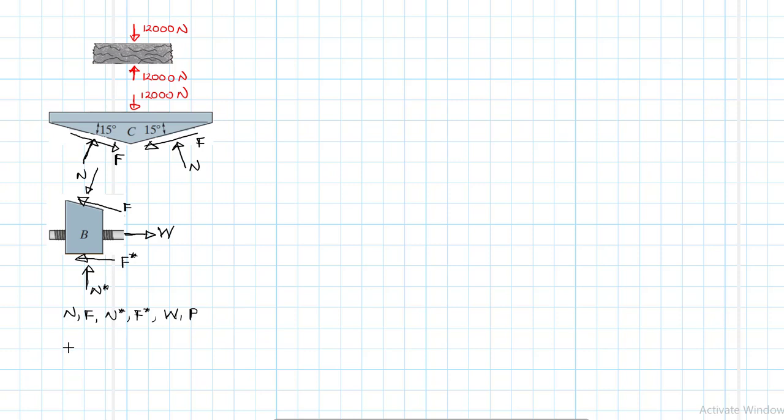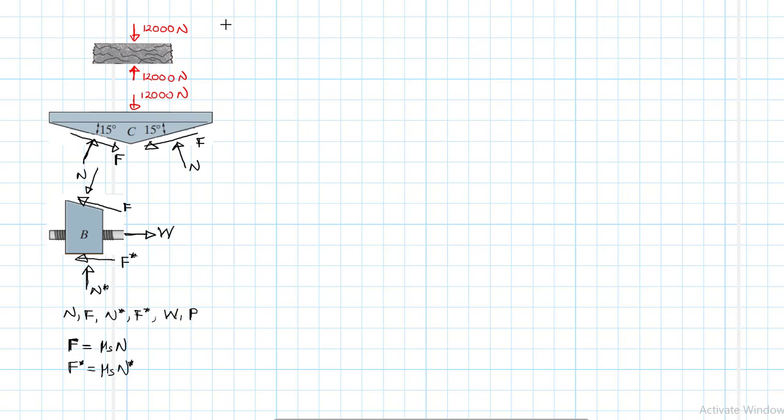So we are going to invoke the friction equation, one of which is F equal to the maximum friction force at the boundary, which is mu S n, and then F star is also equal to mu S n star. They've got the same coefficient of friction.